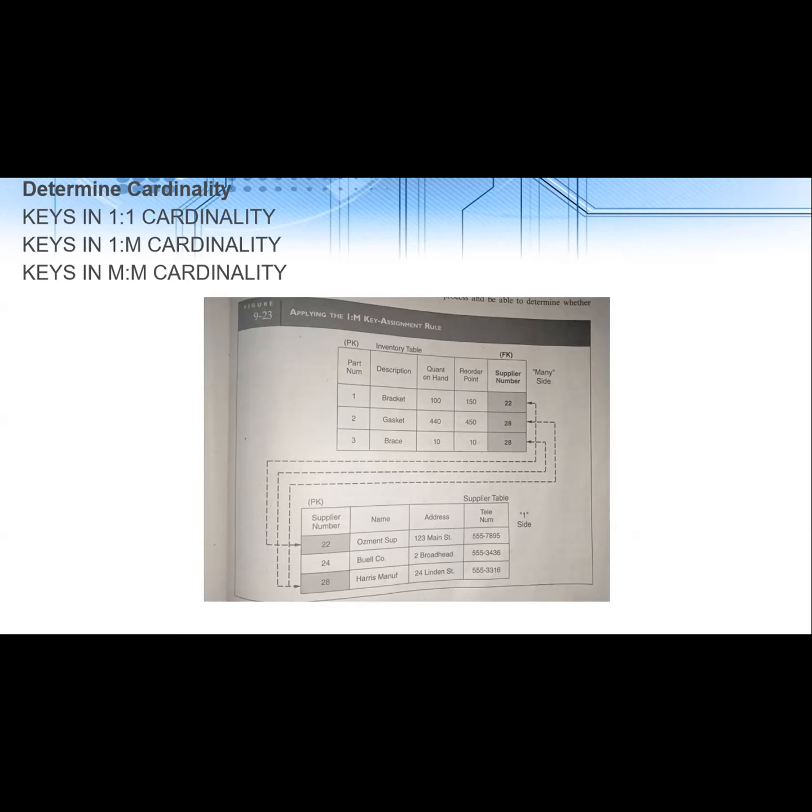Using the employee and company car example in figure 9-11, we see the importance of this key assignment rule. Imagine reversing the rule by placing the company car 0,1 side table primary key into the employee 1,1 side table. Since most employees are not assigned a company car, most of the foreign keys in the employee table will have null or blank values.